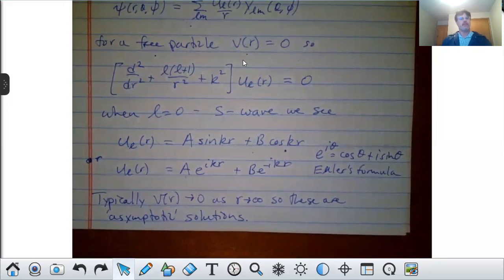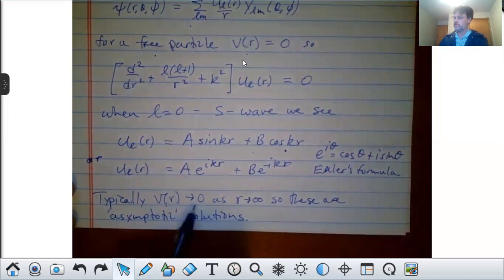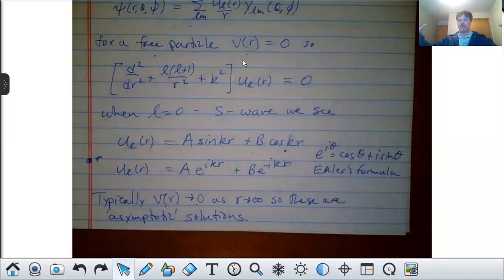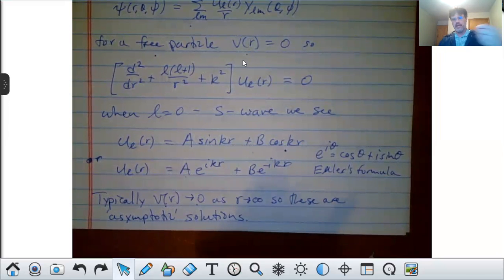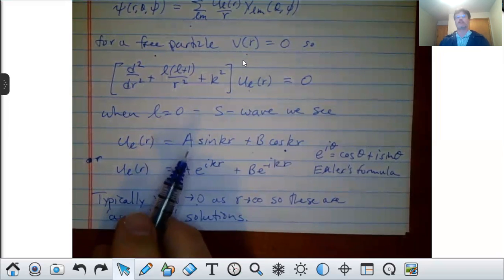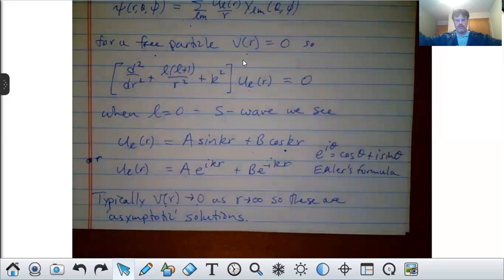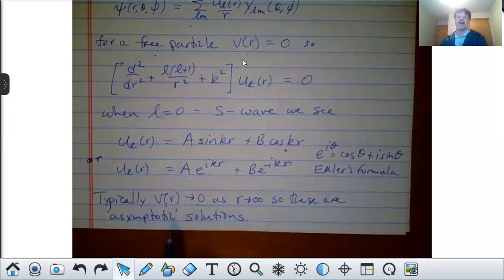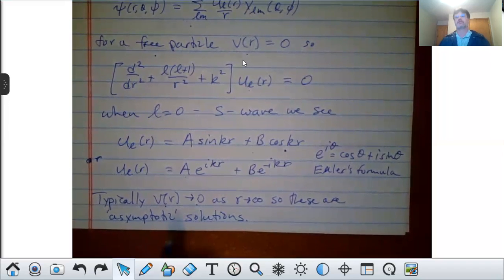Typically, what happens is that the potential goes to 0 as r gets bigger. And so you get far away from the atom that you're scattering from, and this U is describing the scattered electron, for example. It reaches the asymptotic region where the potential is 0. So we often look at these as asymptotic solutions.